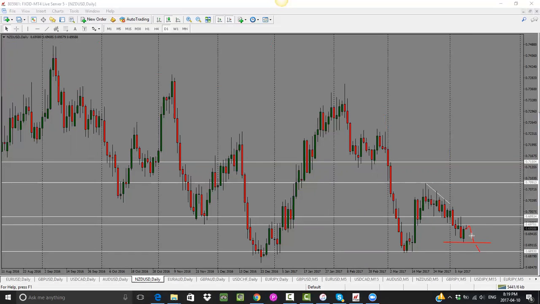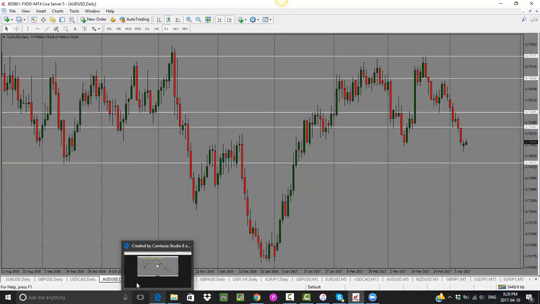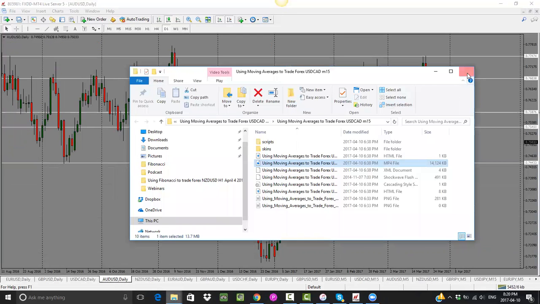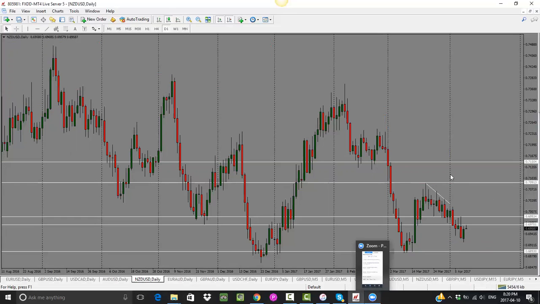Those will be the two targets to the downside. In this one, because Aussie is very neutral, we could potentially see a drop. New Zealand may go with that as well.